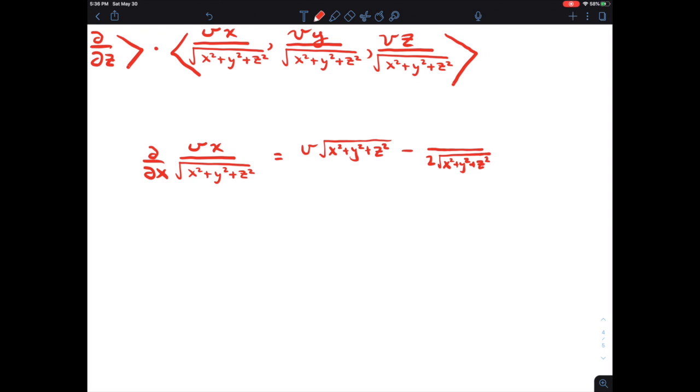And then you have to multiply by the derivative of what's inside, which is going to be a 2x. So that's the derivative of the bottom, and then you multiply that by the top, which is vx. Of course, it'll all be over the bottom squared. So we'll just have an x squared plus y squared plus z squared down there.